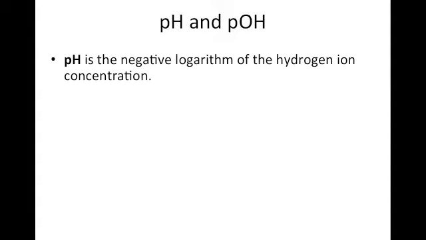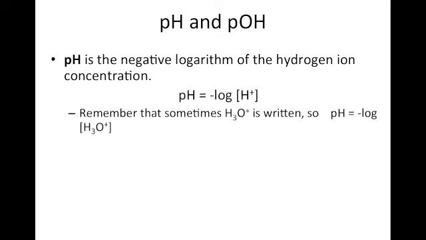pH and pOH. Well, pH is the negative logarithm of the hydrogen ion concentration. In other words, it measures in concentration how much is in there per liter. And here's the formula: pH equals negative log of H plus ions. Now remember, the H3O plus can also be marked as H plus ions.